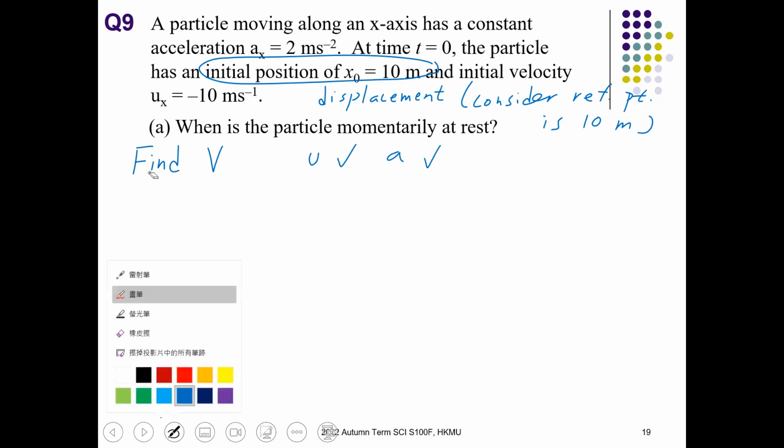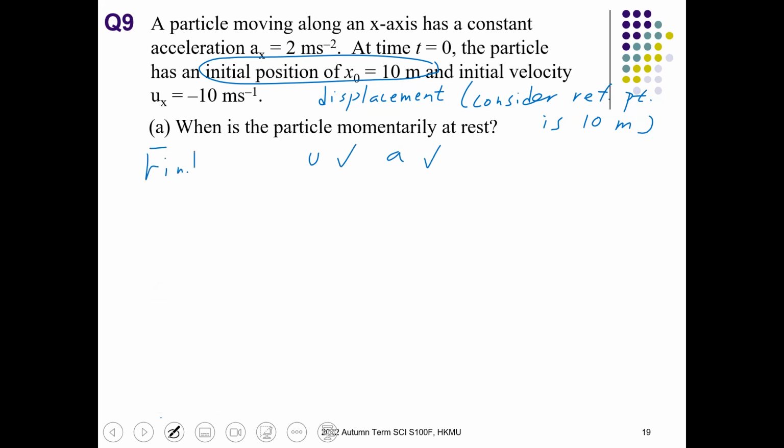Sorry, we are not finding v. We are finding t, sorry, because it says when. So we find t. We have u, we have a, and also we have v. We need to find out t. Then we can make use of one of the equations. This is v equals u plus at.